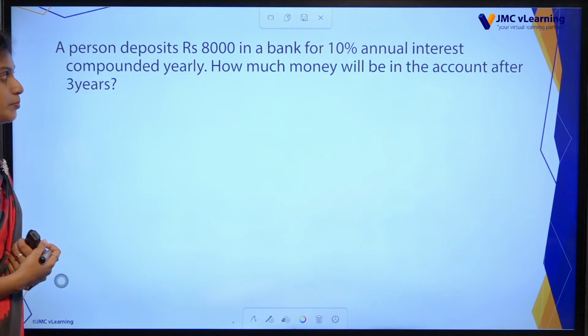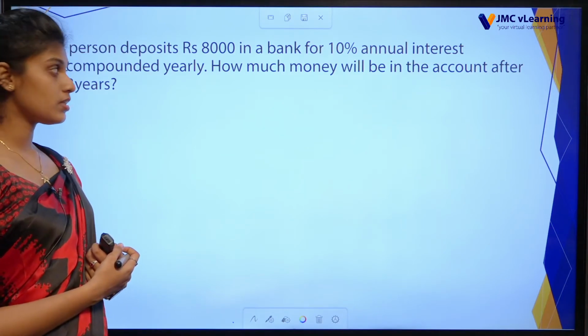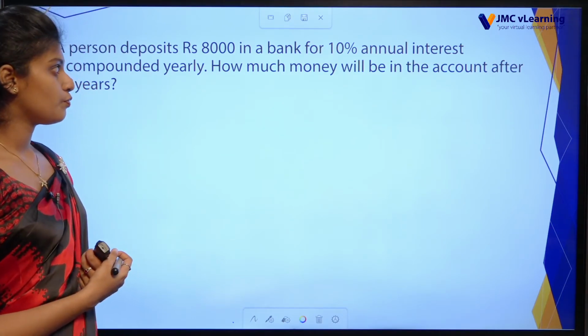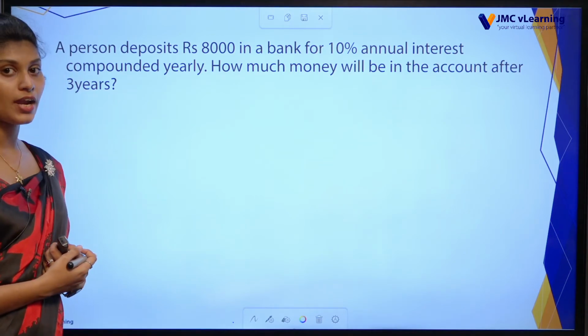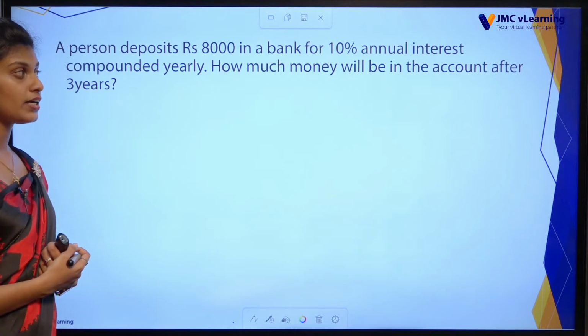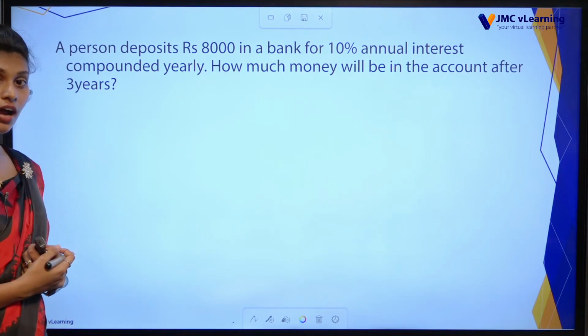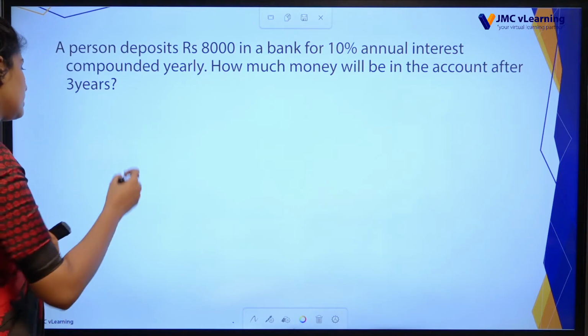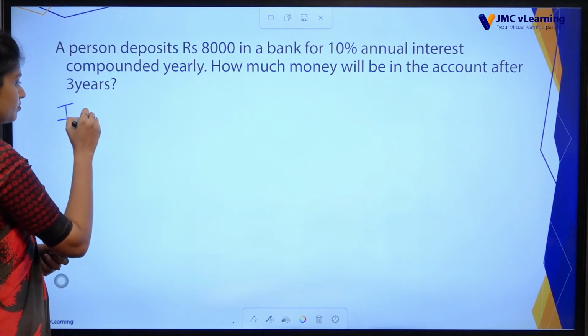A person deposits 8,000 rupees in a bank for 10% annual interest compounded yearly. How much money will be in the account after 3 years? This is the first method.